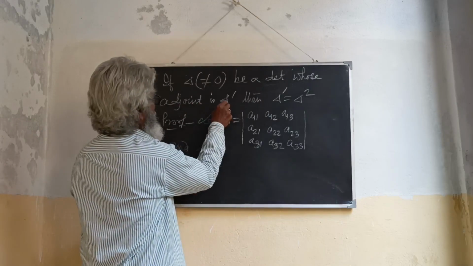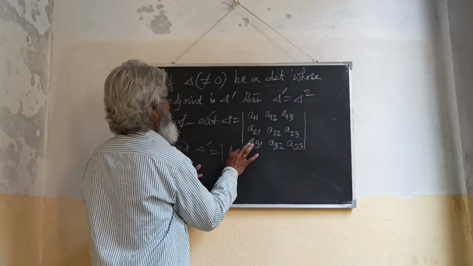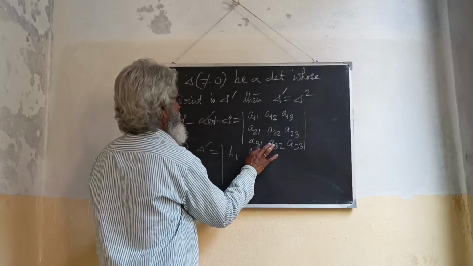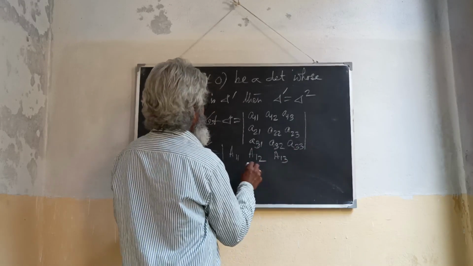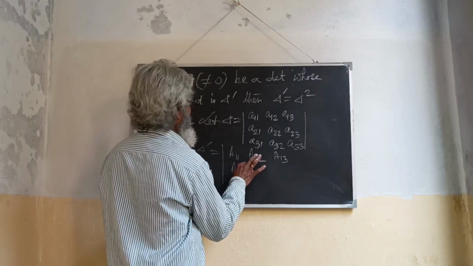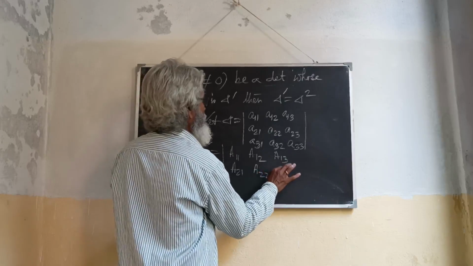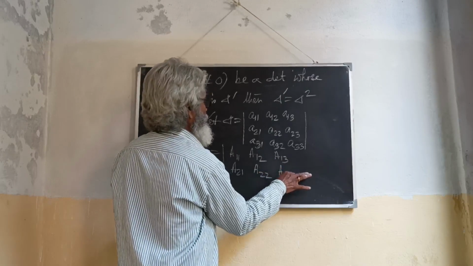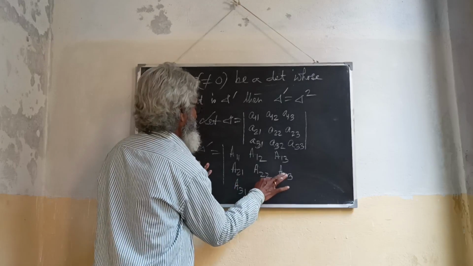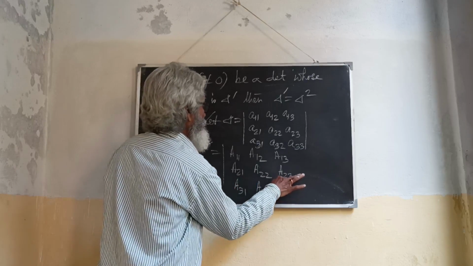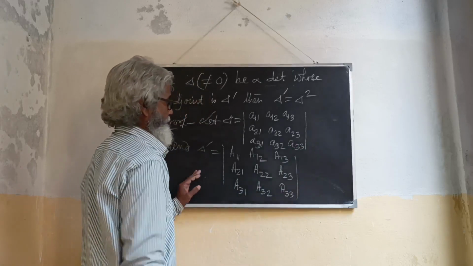Already stated, the adjoint is delta dash equal to A11, A12, A13, A21, A22, A23, A31, A32, A33, in which the A's denote cofactors.